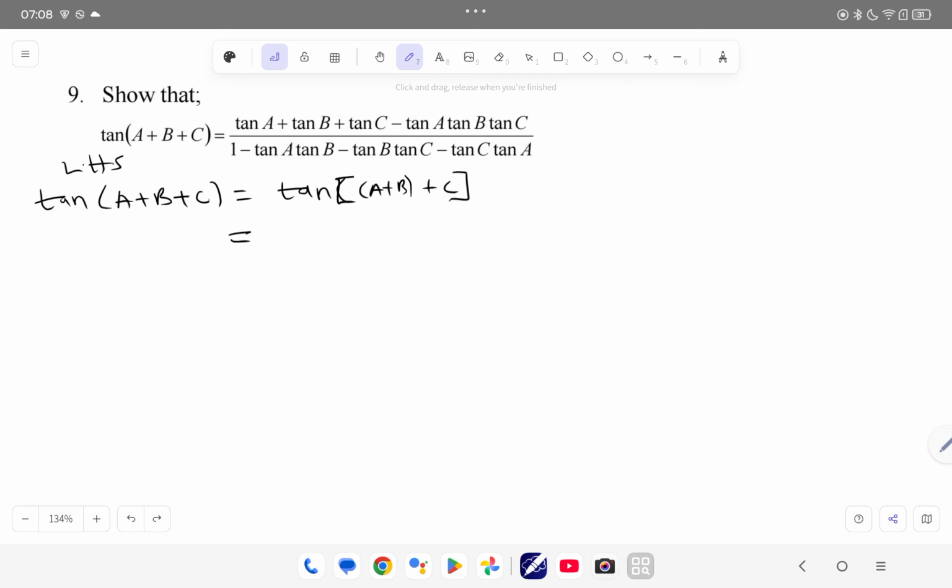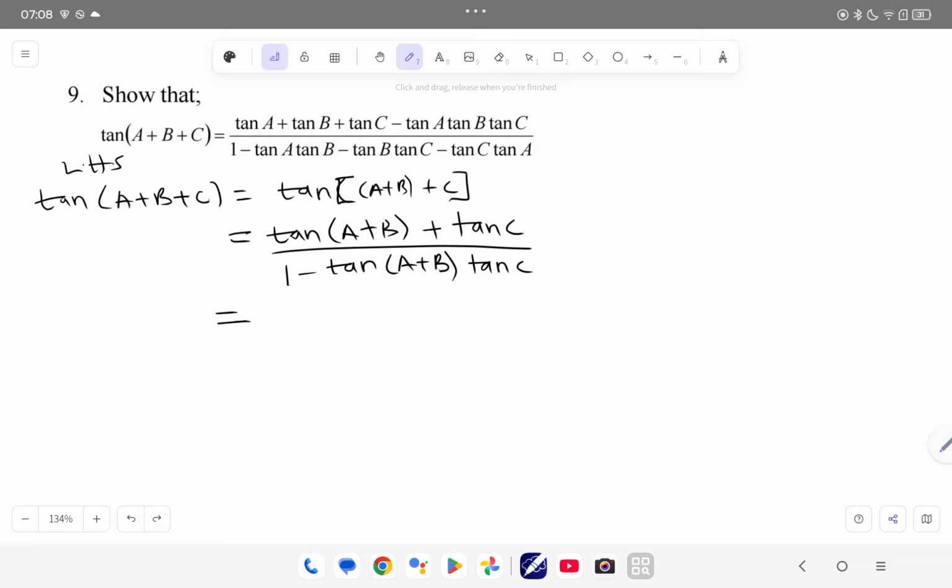Let's say tan of A plus bracket B plus C. Then you open alongside what I'm doing here. Now using the addition formula, this is tan of A plus B plus tan C out of 1 minus tan of A plus B times tan C.